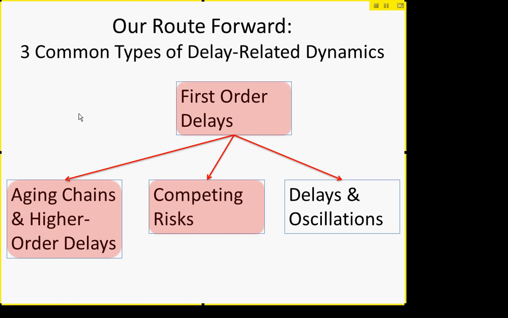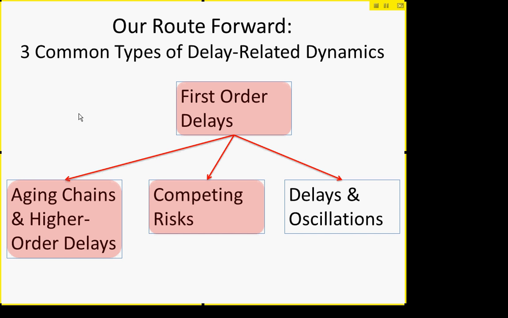First of all, why do we talk about first order delays? Why are they called first order delays? Because we're going to see higher order delays today that are made out of first order delays. These are the basic building blocks of models, and we compose larger sets of structure, and particularly what we call higher order delays, out of them that allow us to describe processes with additional features.